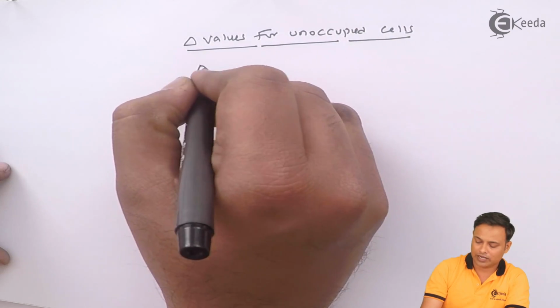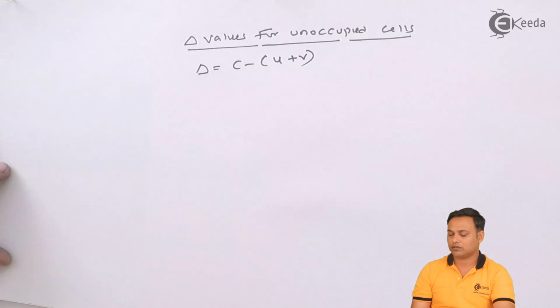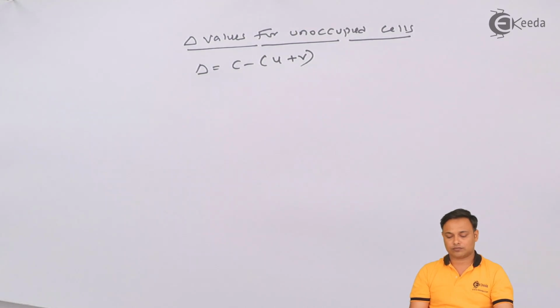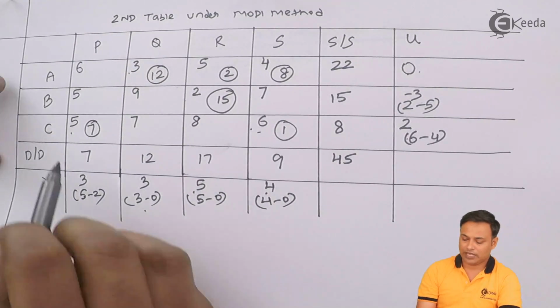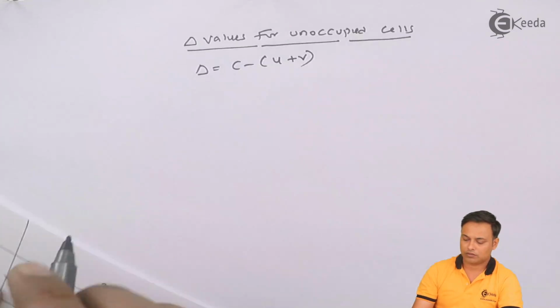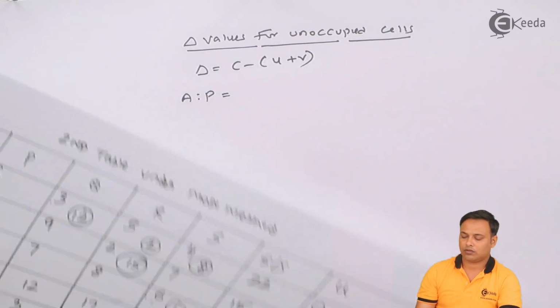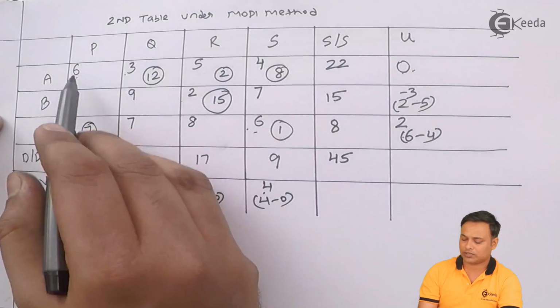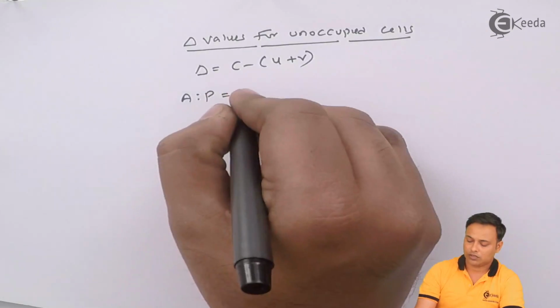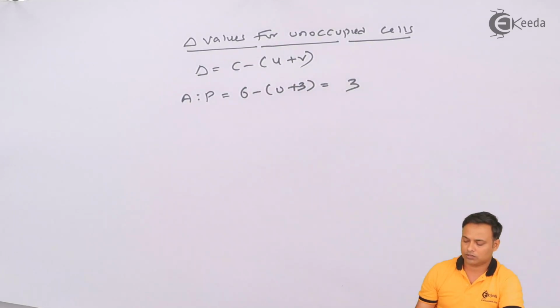Your formula delta is equal to cost minus u plus v. So in the first unoccupied cell we have is AP, where the cost is 6. 6 minus 0 plus 3, which comes to 3.